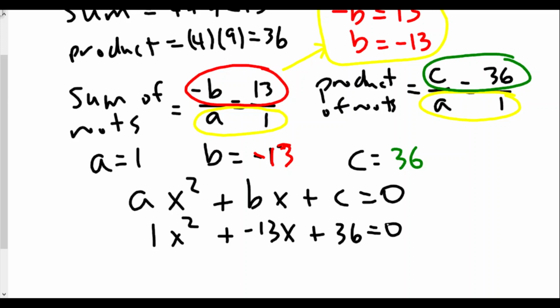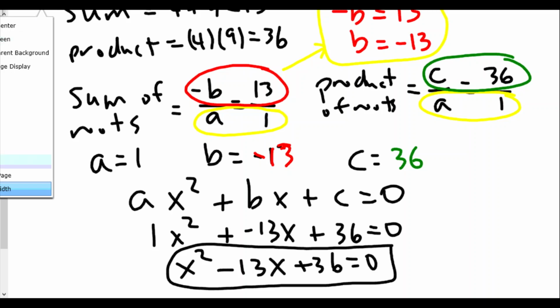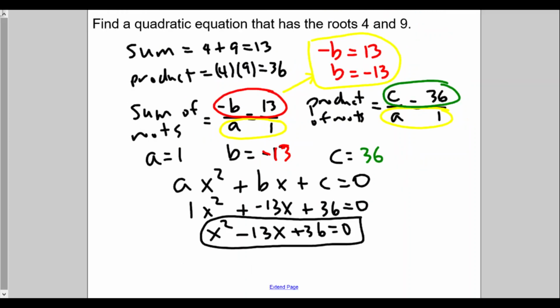We'll clean this up, this plus negative 13, as x squared minus 13x plus 36 equals 0. And this is a quadratic equation. Please remember, the equation has equals something, equals 0 in this case. So a quadratic equation, not the, because there's more than one, that has the roots of 4 and 9 will be x squared minus 13x plus 36 equals 0. Okay? So that's how we use the sum and product of the roots for this problem.